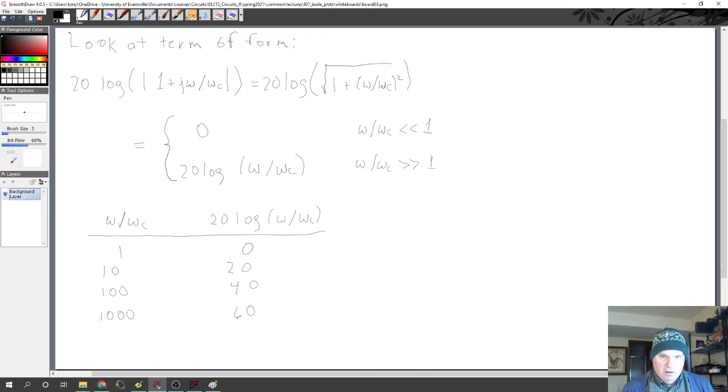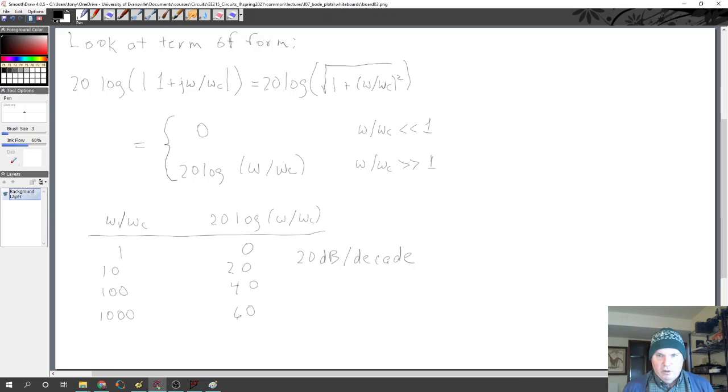What I note here is that as the frequency increases by a factor of 10, I see what's called a 20 dB per decade increase in this term.